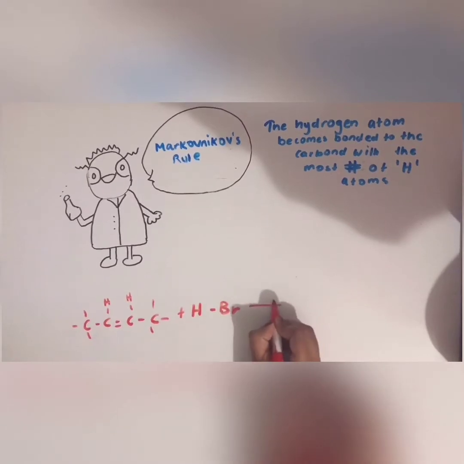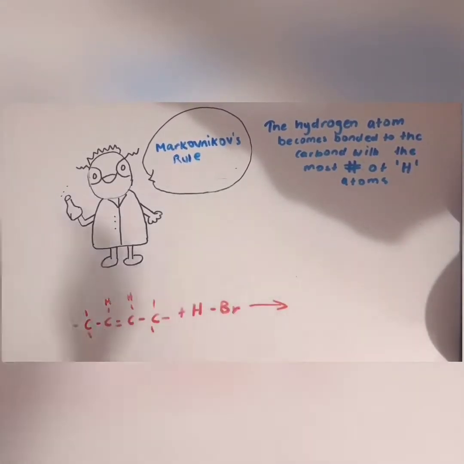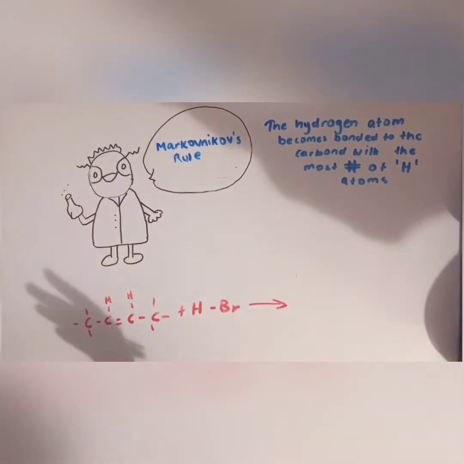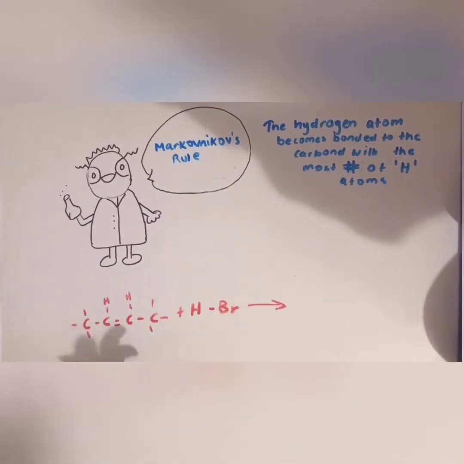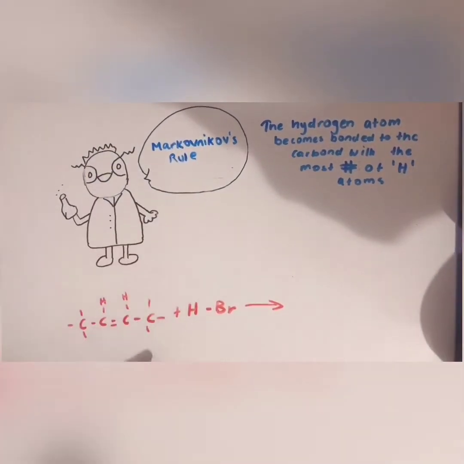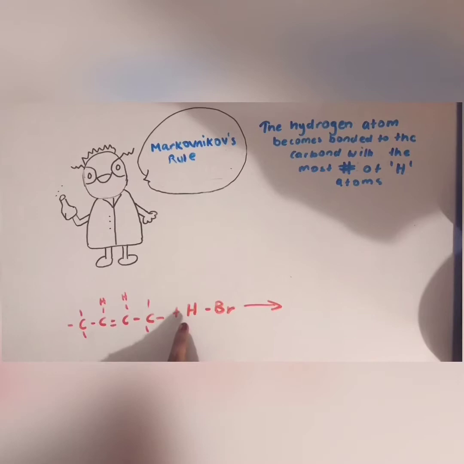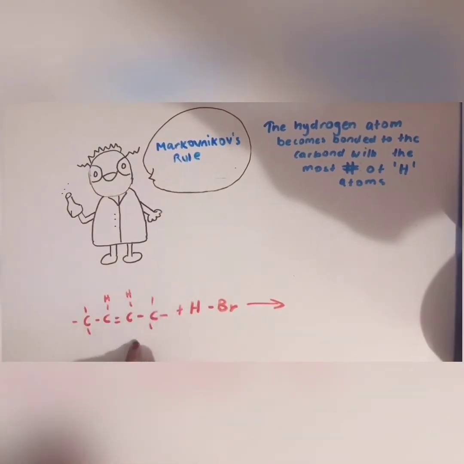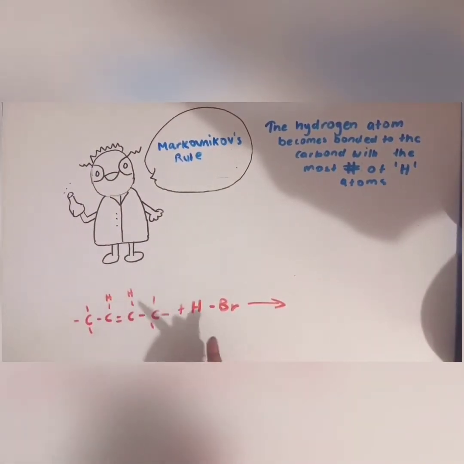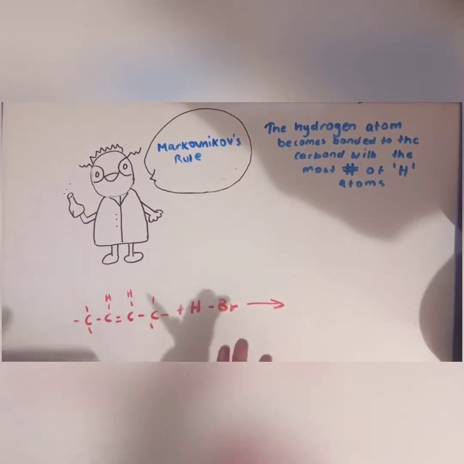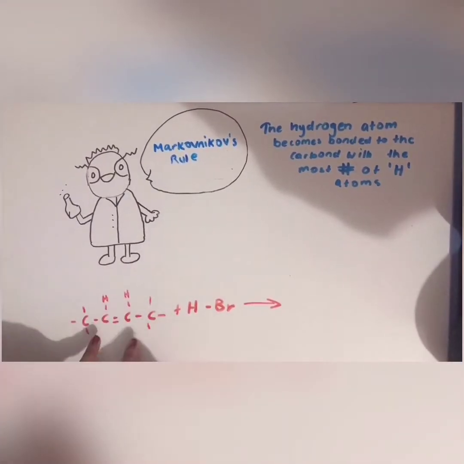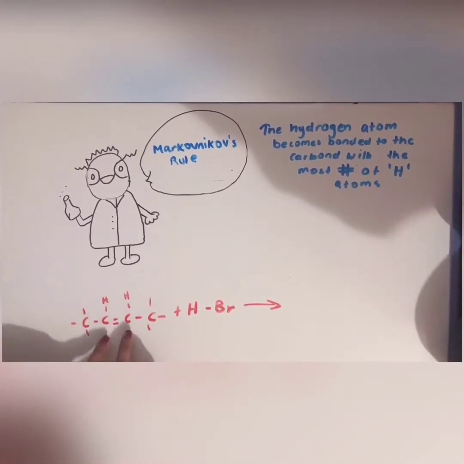So as I said before, Markovnikov's rule should only be considered when the reactant reacting with an alkene, or sometimes in other cases an alkyne, has a hydrogen atom attached. In this case, it does. So since it has a hydrogen atom attached, we look at the 2 carbons.